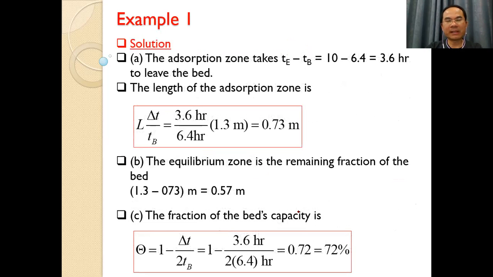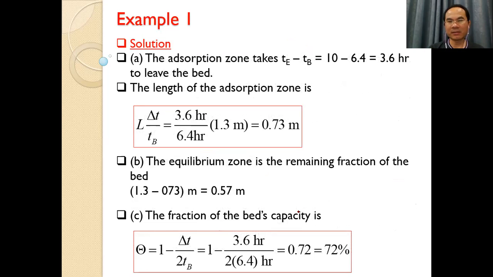The adsorption zone takes place between TE and TB, so TE minus TB. We know TE is 10, TB is 6.4. Delta T, TE minus TB, equals 3.6.